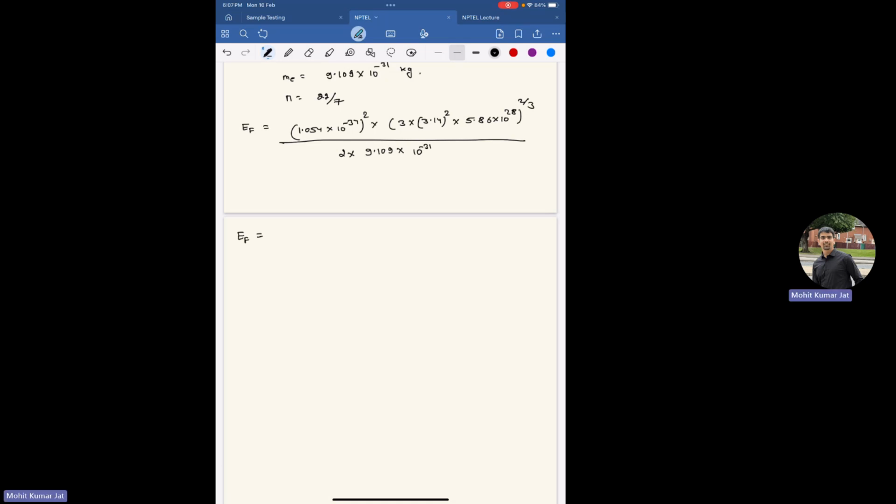So the calculation goes like 1.054 into 10 power minus 34, and square of it, times pi, into 3.14 into 3.14 into 5.86 into 10 raised to power 28, and the whole power is 2 by 3.